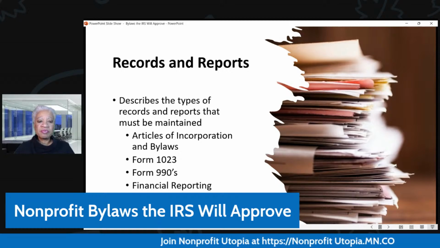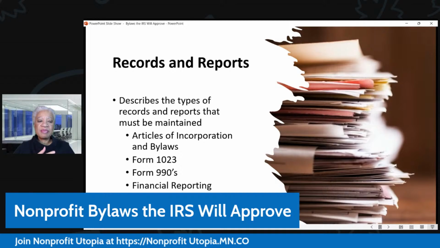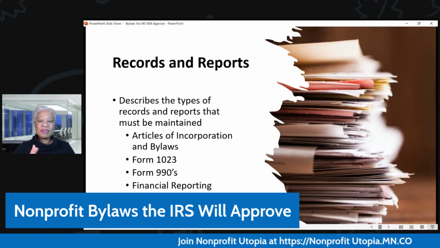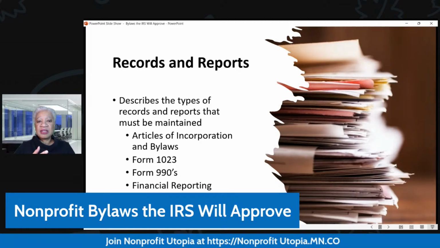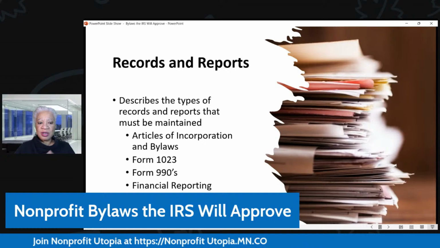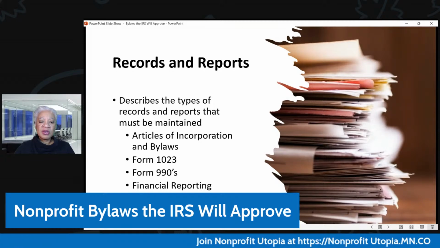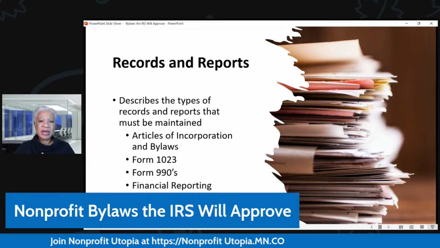adopt, right? So the types of records and reports that must be maintained, this is a short list, include things like your articles of incorporation and bylaws, Form 1023, which is the document that you use to actually file for tax exempt status. These are permanent records. Form 990s are permanent records. Your audits are long-term records.